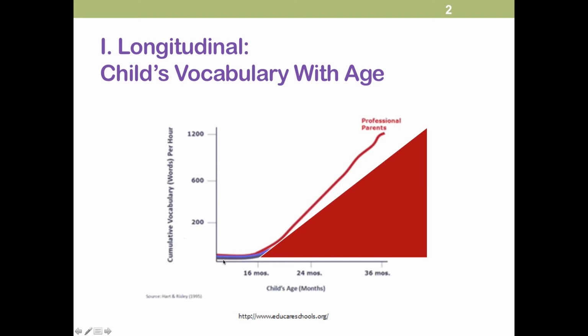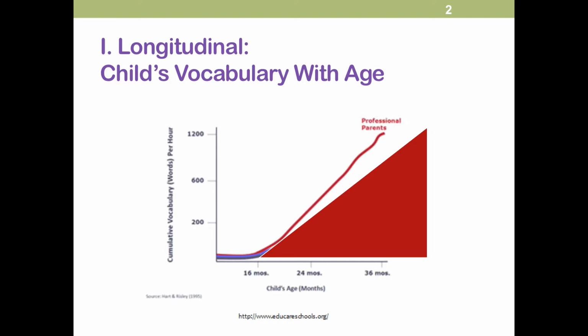You could see here that at about 16 months, there's this explosion in language, and that is true for most children. They start acquiring words at an incredible rate. And again, that is one way of looking at this question of lifespan changes with age.